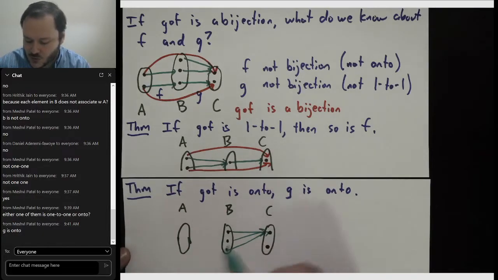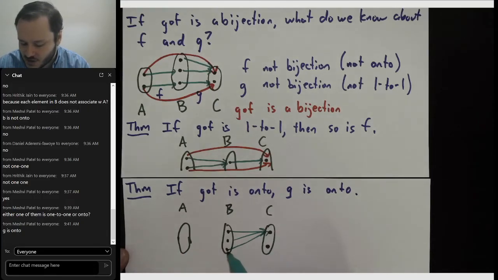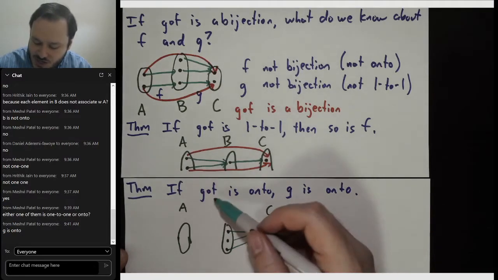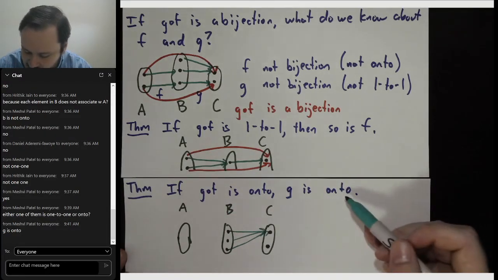I don't care where you draw the arrows between A and B. There's nothing that's going to start here and end here, because nothing goes from B to C to this element in C. So if G composed with F is onto, then G has to be onto.